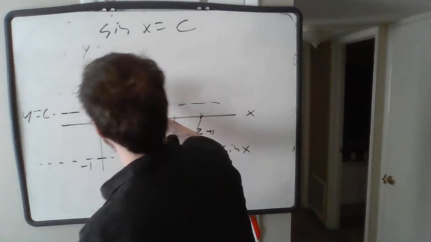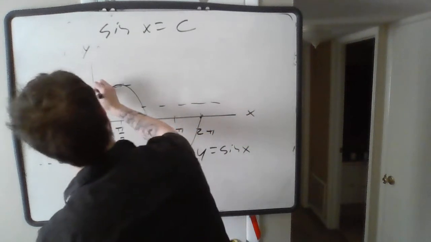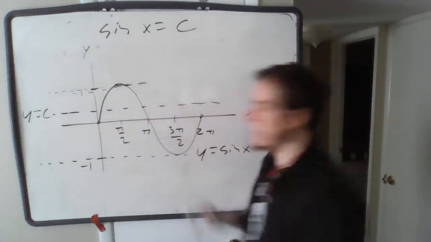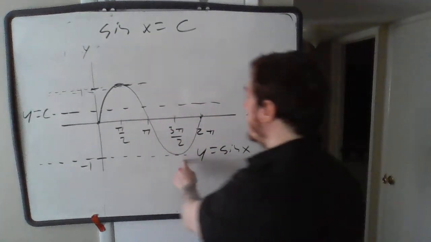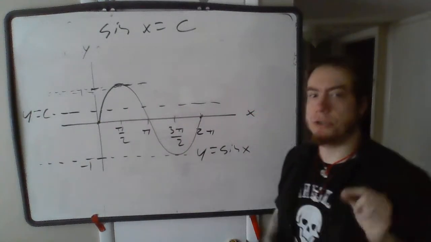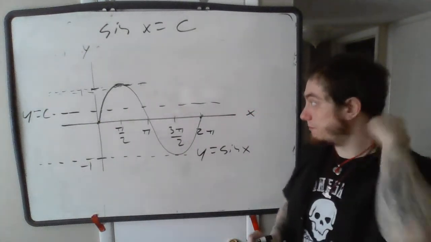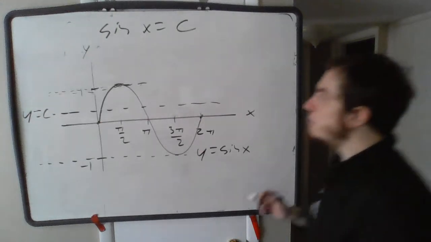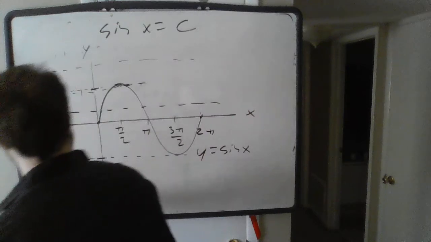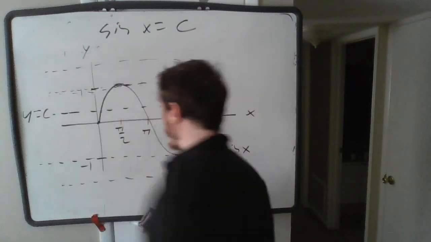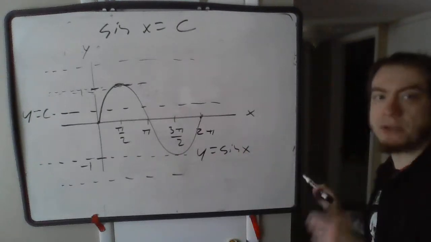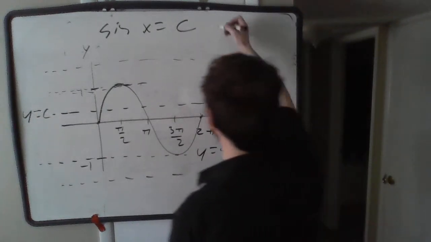I'm doing an ugly drawing here, but you only hit it at either the peak or the minimum, and so you only hit it once per cycle. The third possibility is that if c is bigger than positive 1 or less than negative 1, then you don't hit it at all. So we can summarize these three cases.